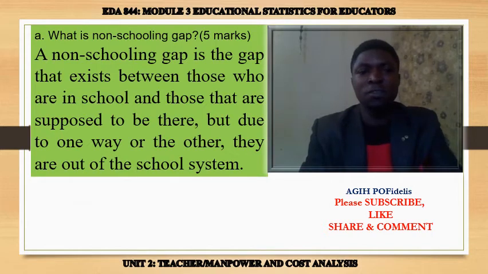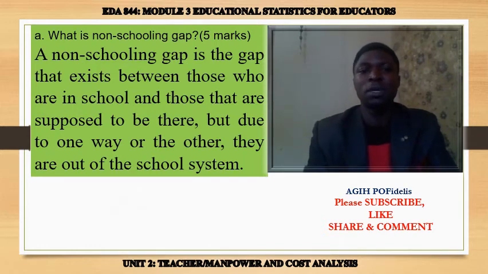Let's answer this question now. What is non-schooling gap? Non-schooling gap is the gap that exists between those who are in school and those that are supposed to be there, but due to one reason or the other, they are out of the school system. There are several reasons that may lead to this.